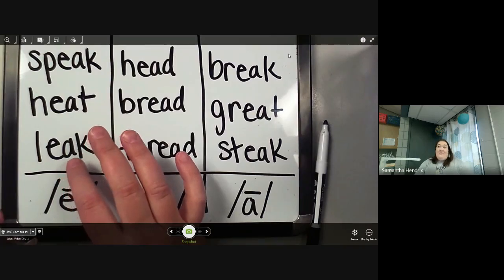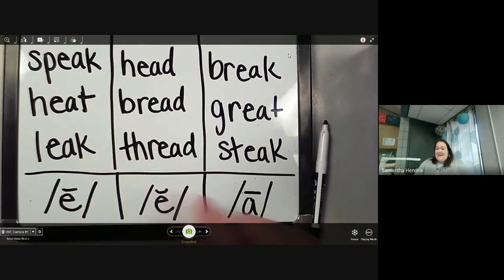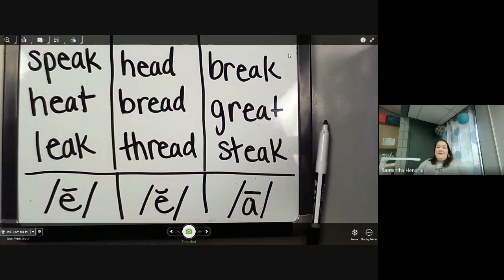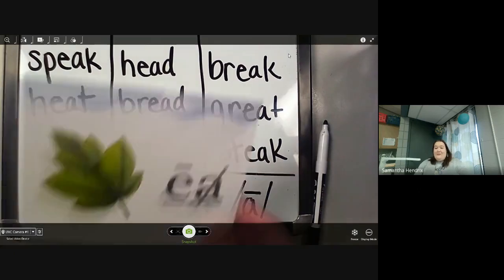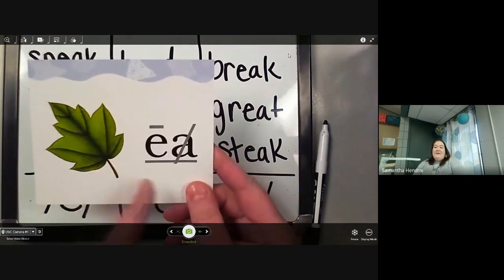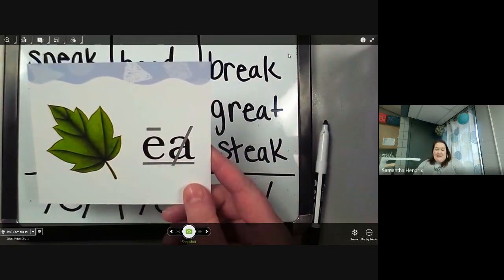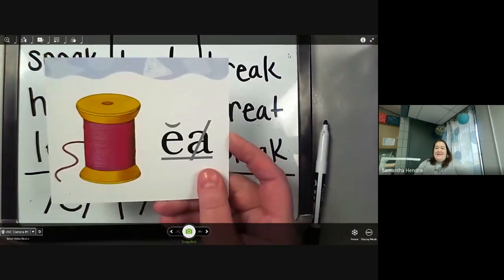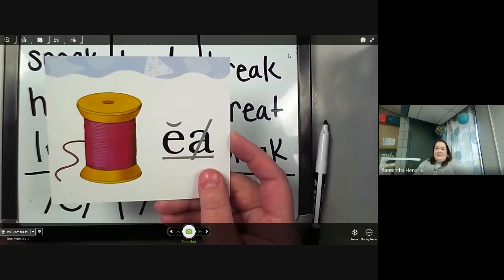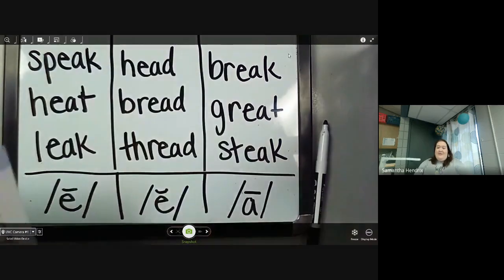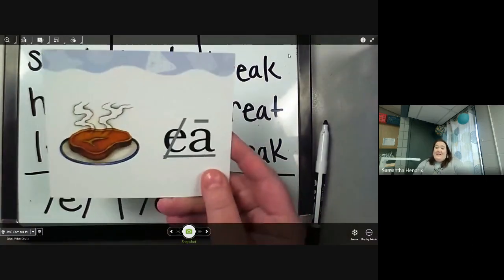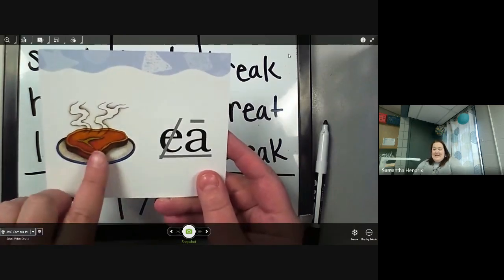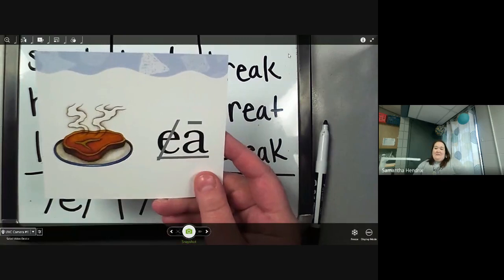Well, yes, we do have the word lake, but we know lake is L-A-K-E, so it's leak. Okay, so picture cards will always be shown in this order. Leaf, E, and that's how we code it. Thread, that's how we code it. And then the odd one that's not used all that much, steak, A.